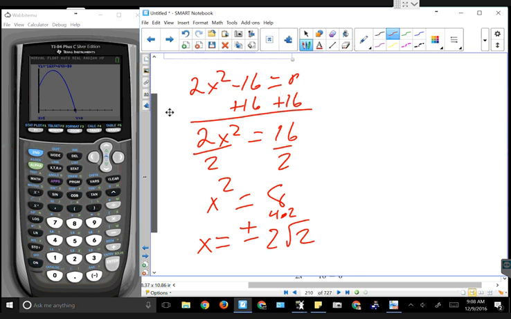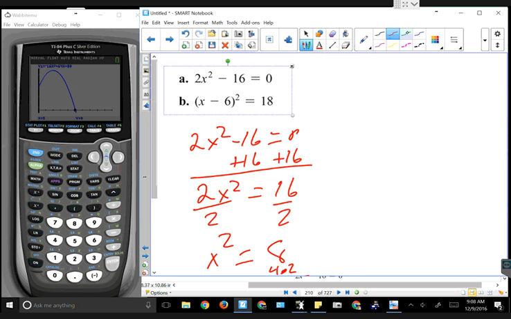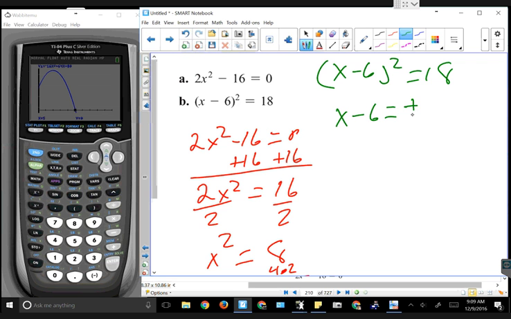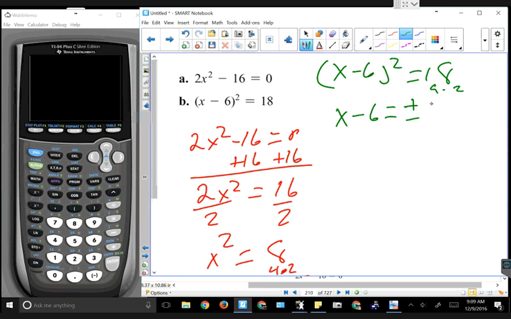Let's try that over here. So, now I have x minus 6 squared is equal to 18. Before I could do anything with it, I have to take the square root of that. So I get x minus 6 is equal to plus or minus the square root of 18. Does 18 have a factor that's a perfect square? That should be what? 9. So we know that this is going to be 9 times 2. What's the square root of 9? 3.